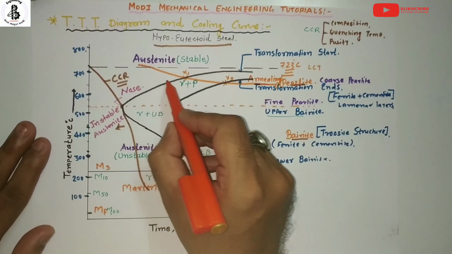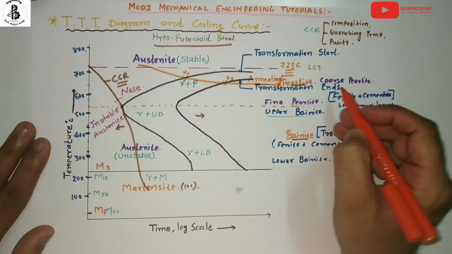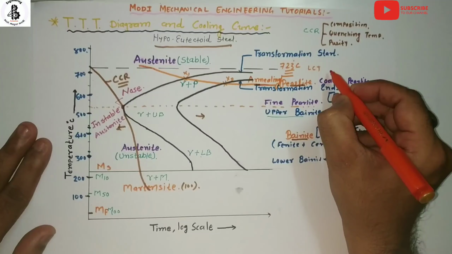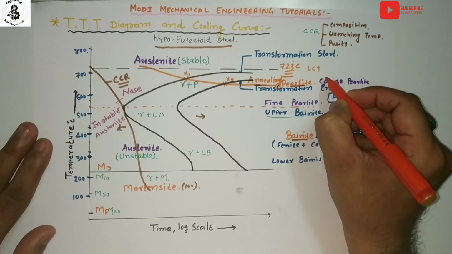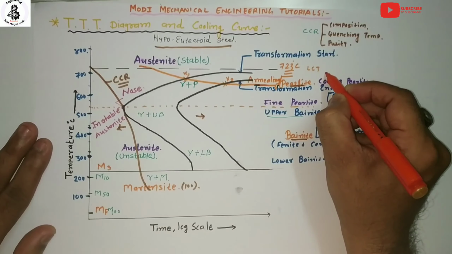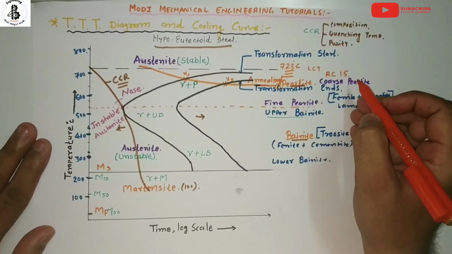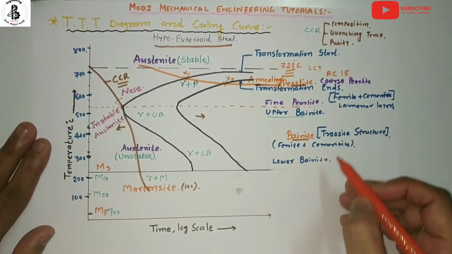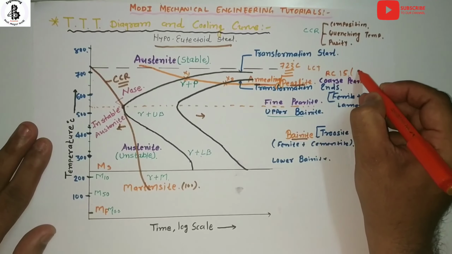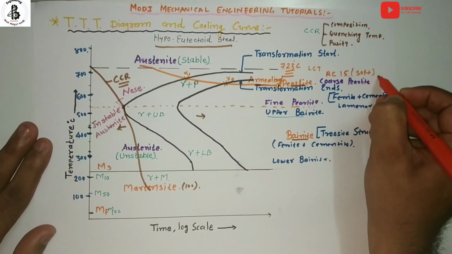This slow cooling curve gives a measured hardness of about RC15, which is smaller compared to the other phases, meaning it is soft in nature.